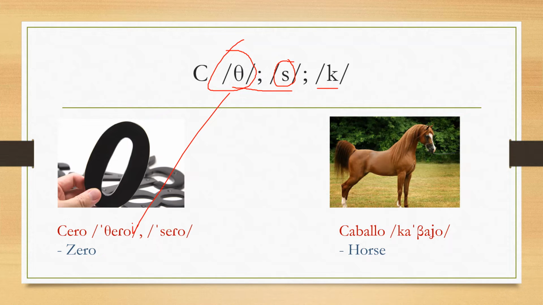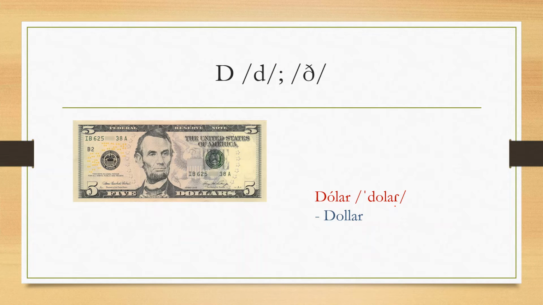So with the S sound we have cerro, or in Spain they would say therro. The K sound is in caballo. The double L cluster will be discussed later in the video.